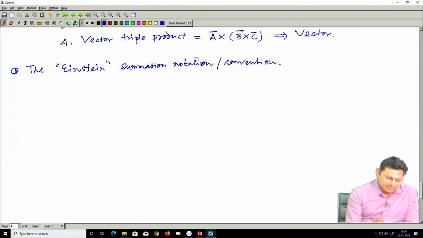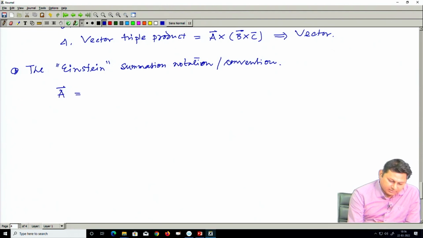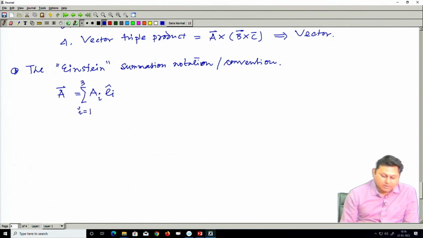What it says: let me go back to the way I define the vector in this basis form. So, A can be written in this way. You can see we have a summation sign here.